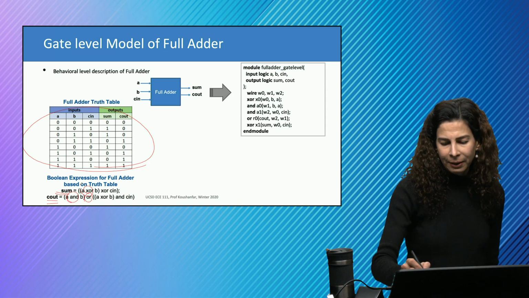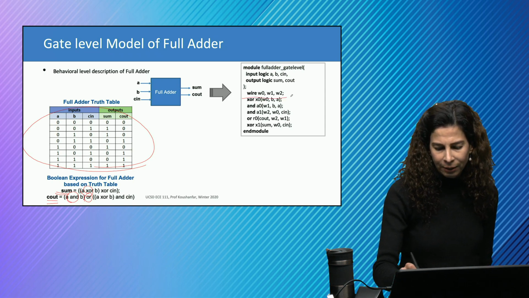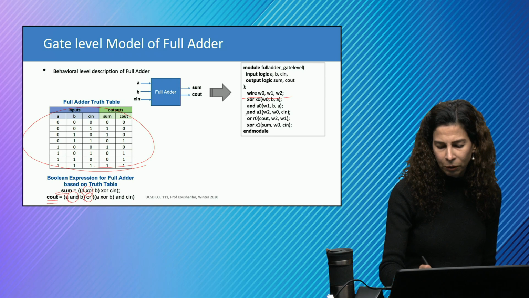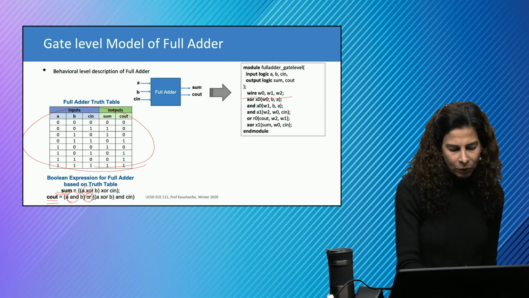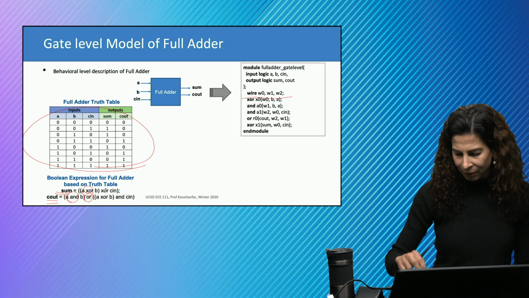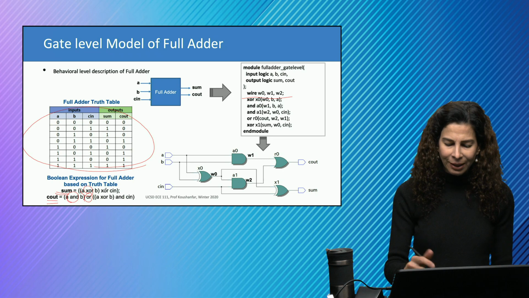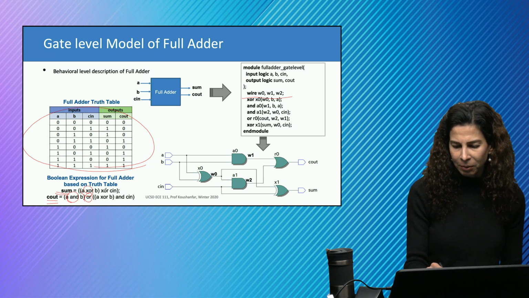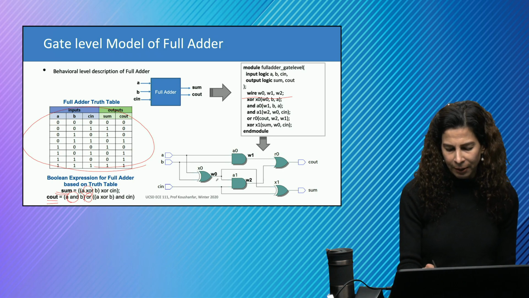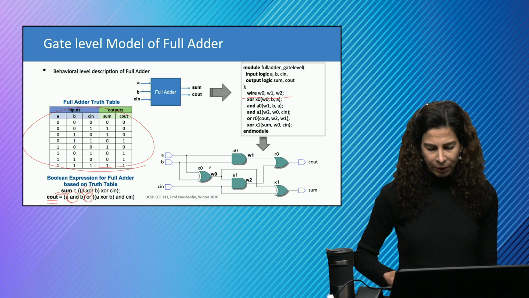We define the wires that are connecting the gates, and we also define the ANDs, ORs, and XORs like we've seen here, and write this module simply by translating. Once we synthesize it, we get a similar behavior to what we've seen before.